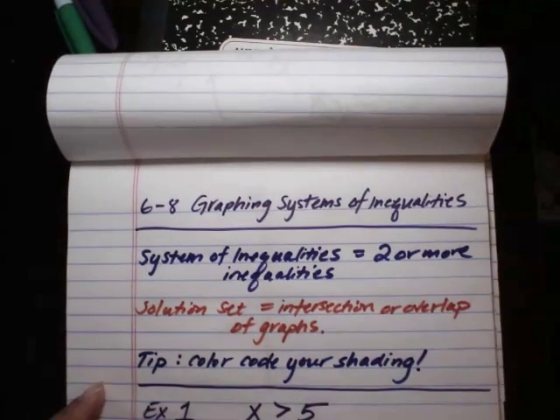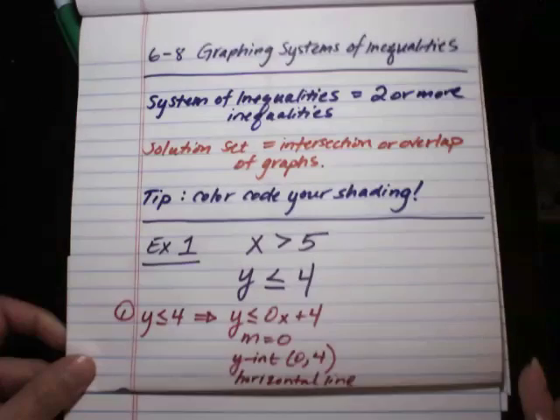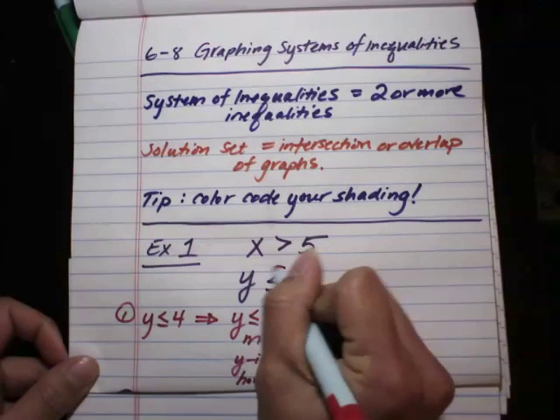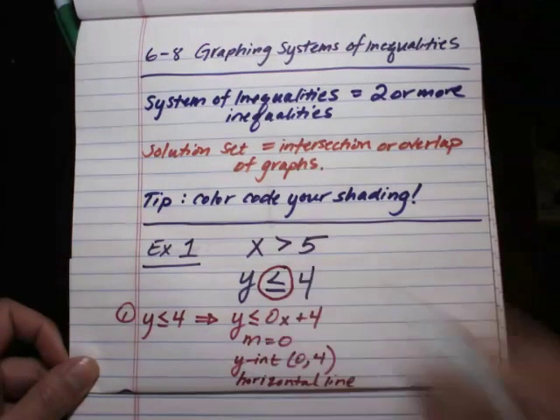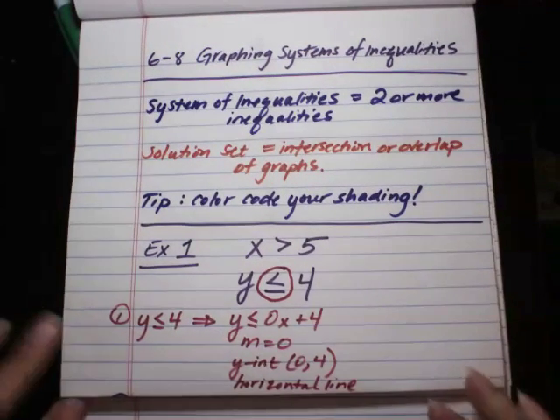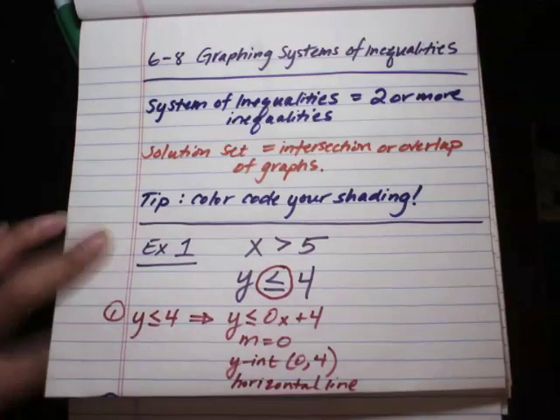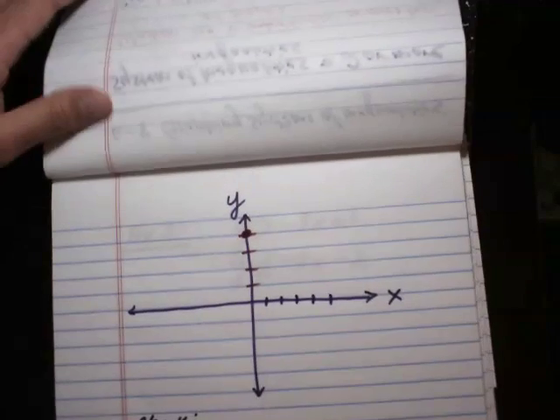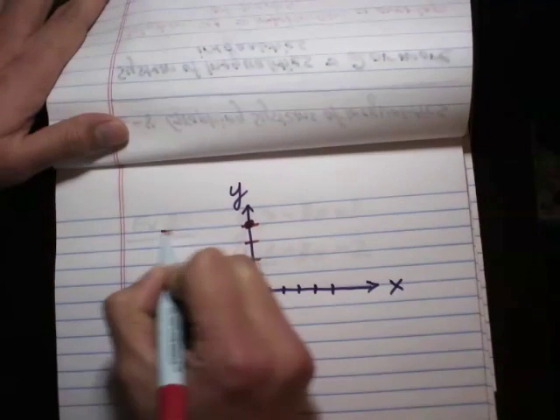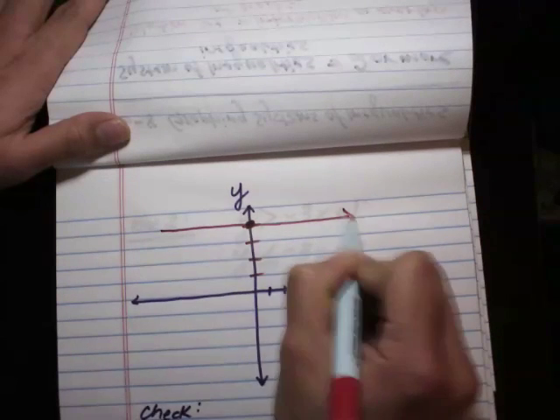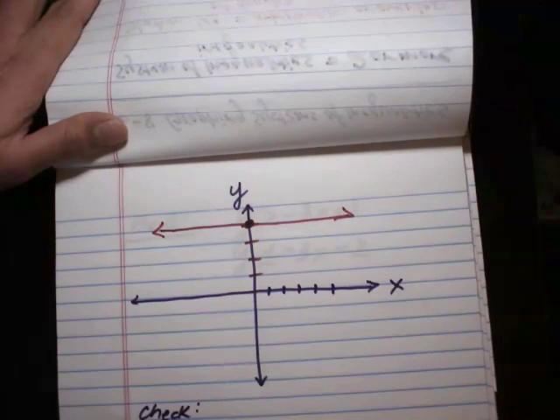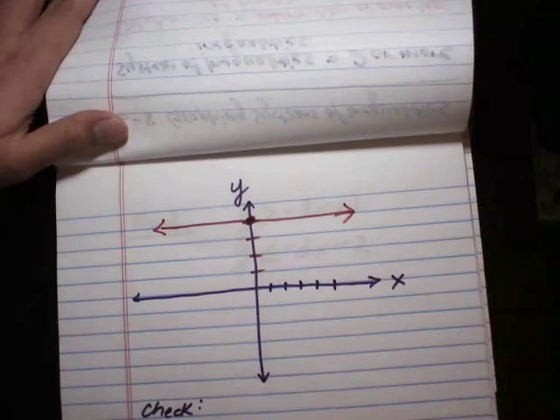Here we had written y is less than or equal to 4, so that tells me my boundary line is going to be a solid line. So going back to my graph, we have our solid horizontal line.